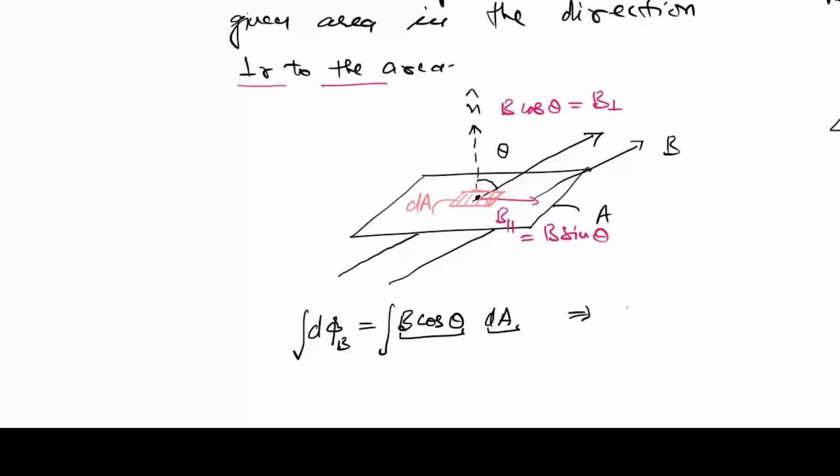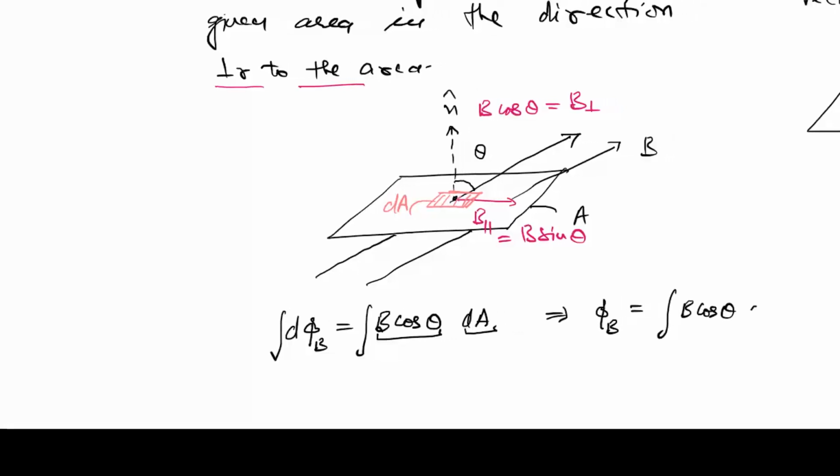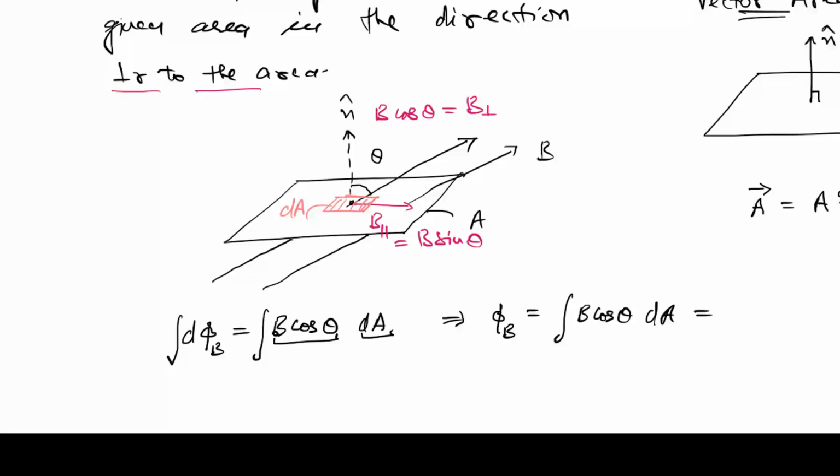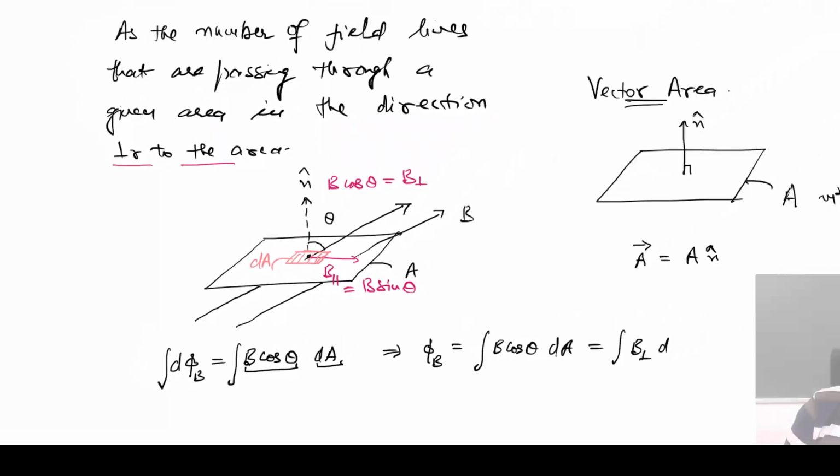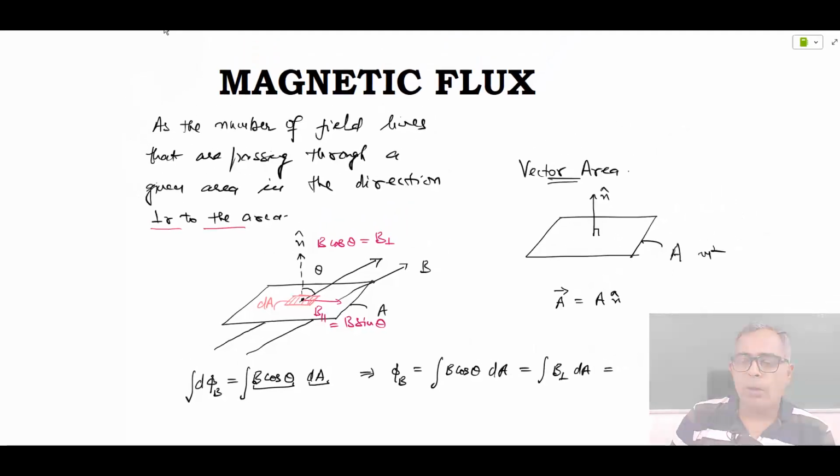So I will write the complete flux corresponding to the whole area like this: integral of B cos theta dA, or you can write it as B perpendicular component dA, and also you can write it as B dot dA.